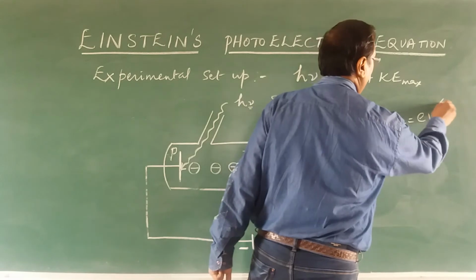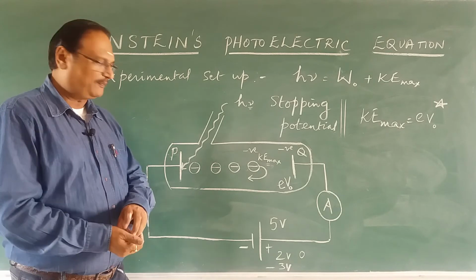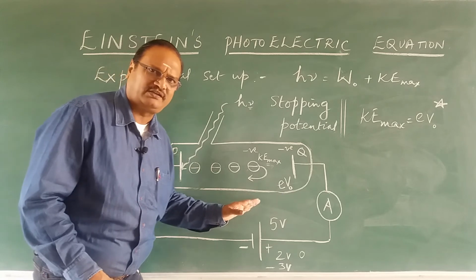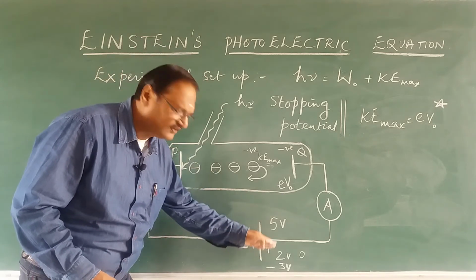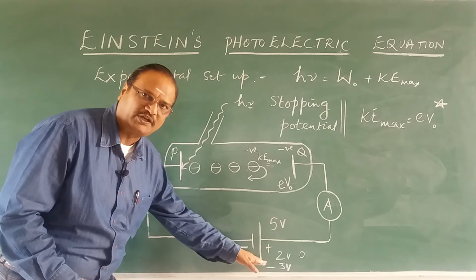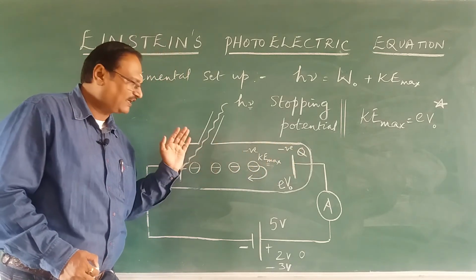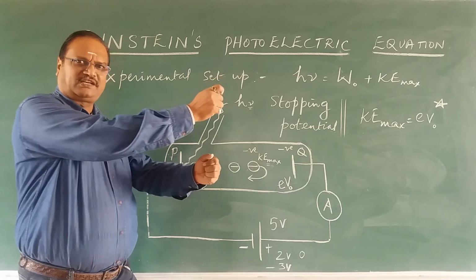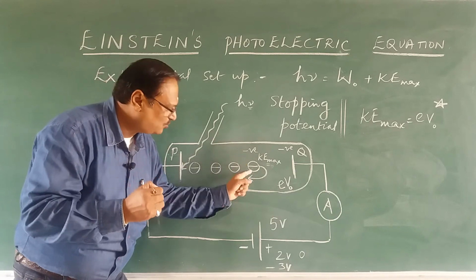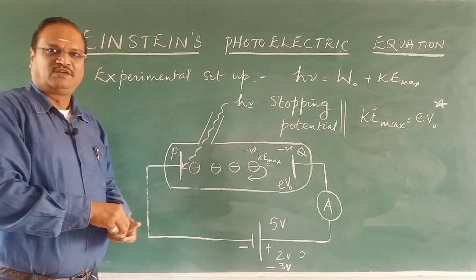Okay, so this is a very important relationship which we should understand. I hope you get my point. Do not worry about this being negative and this being positive. It is a starting point. What I do is make it positive, less positive, make it 0 and bring it to negative potential. At that negative potential, the plate Q will repel, and the electron with the maximum kinetic energy will try to reach there, and at that point, that energy is equal to the electrostatic potential energy, and that is the equation which I have got.